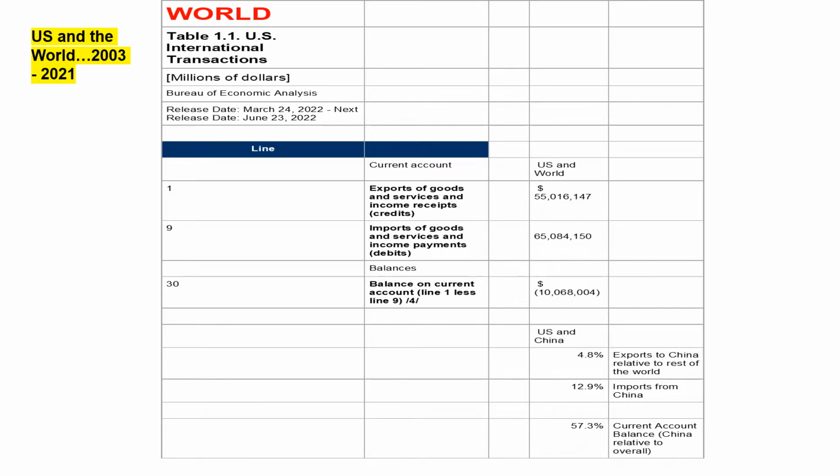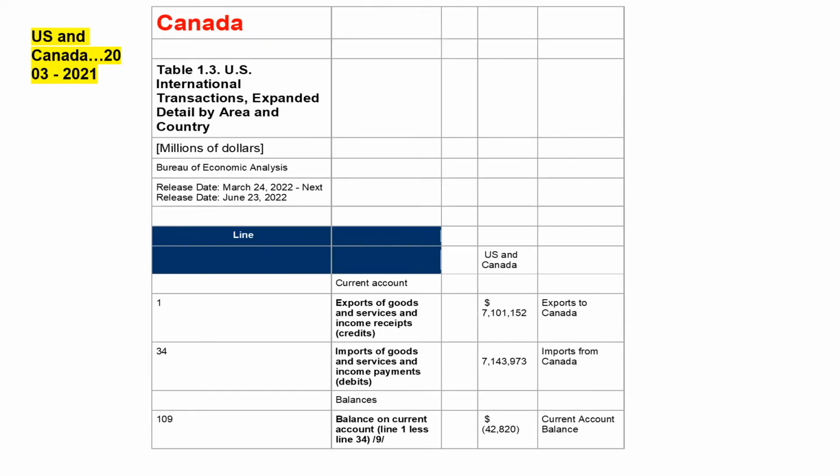Relative to the rest of the world, we've exported 4.8% of our total to China, and we've imported nearly 13% of our entire imports from China, a huge portion for this current account balance of 57.3%, meaning that approaching 60% of that $10 trillion current account balance is owed to China. Just absolutely enormous. This is just to put it into context.